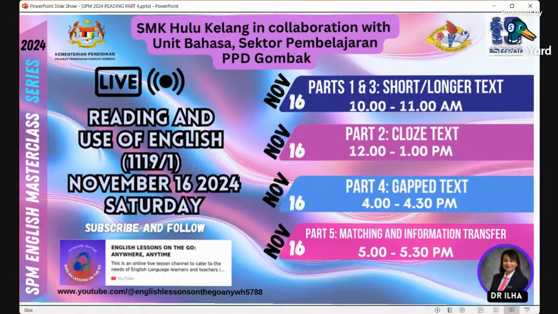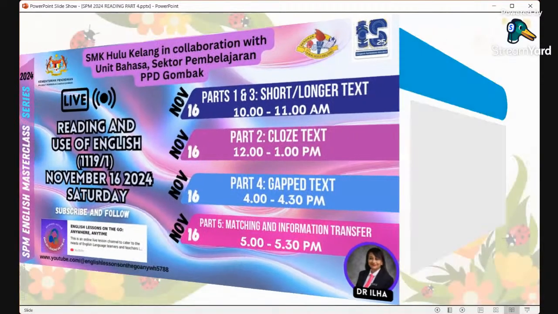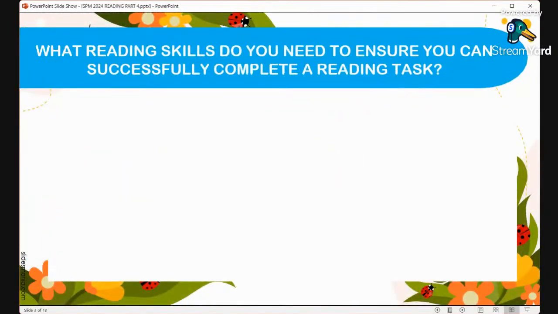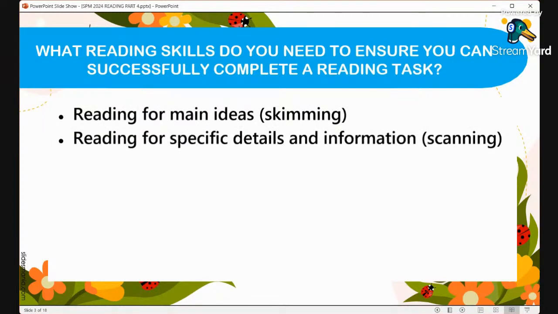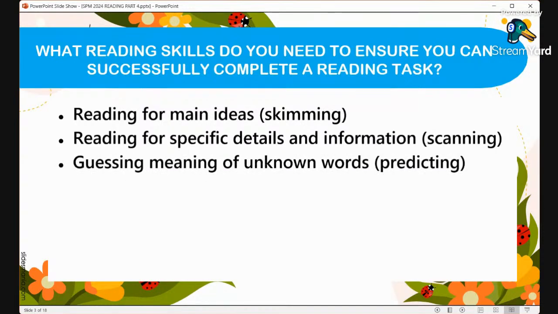Okay. All right. So, just to remind everyone, the reading skills you need to ensure you are successful in completing a reading task. We have done this earlier just now in part 1 and 3 as reading for main ideas, skimming, scanning, reading for specific details and information, guessing meaning of unknown words, predicting, which we found in part 3 where we had to predict the meaning of words.